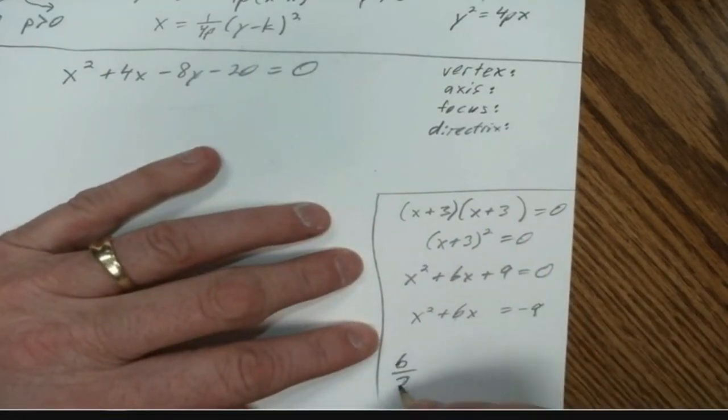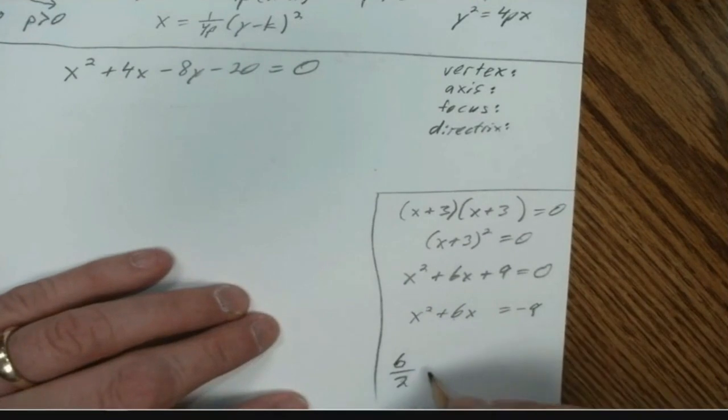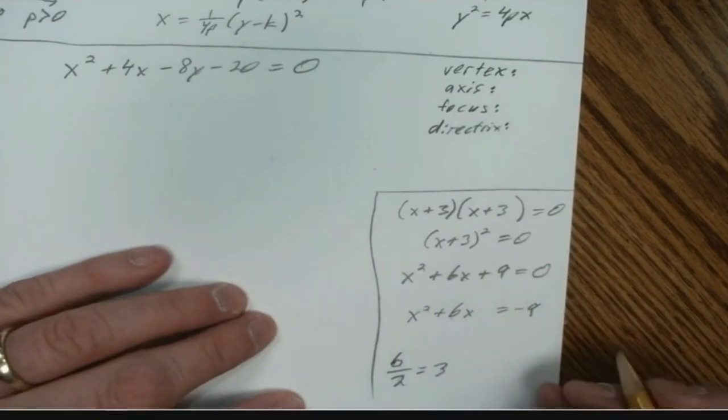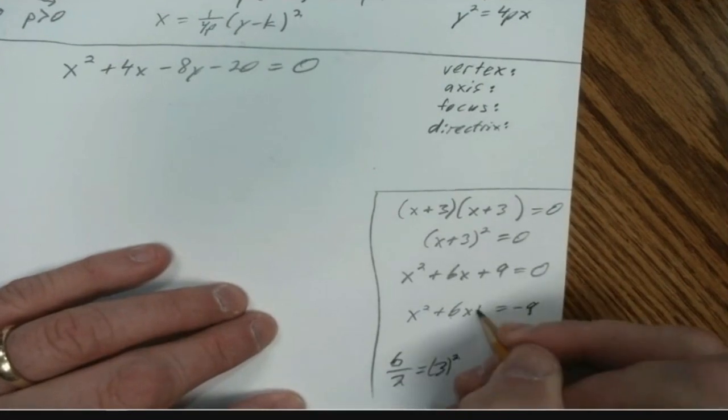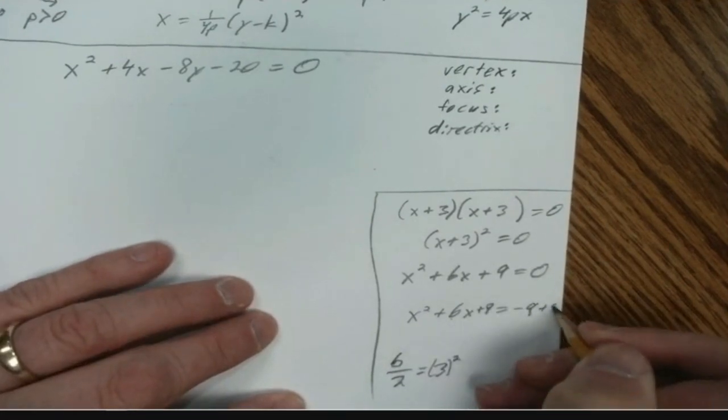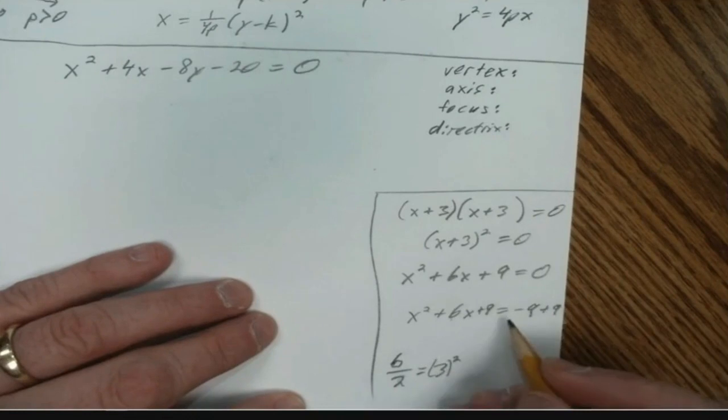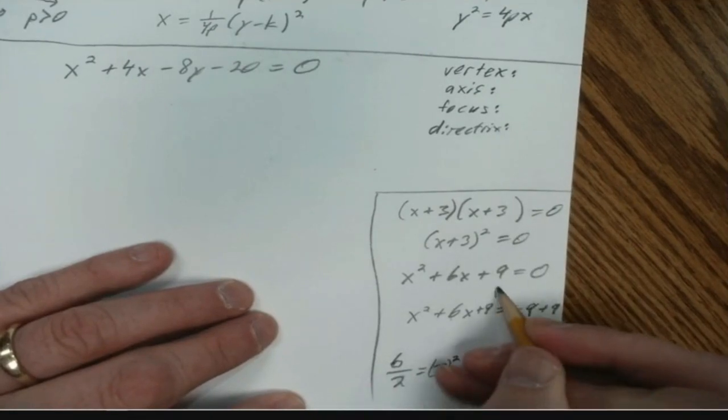We cut it in half, 3, and then we square that and you add that, plus 9. And add it to both sides because we're not changing anything.